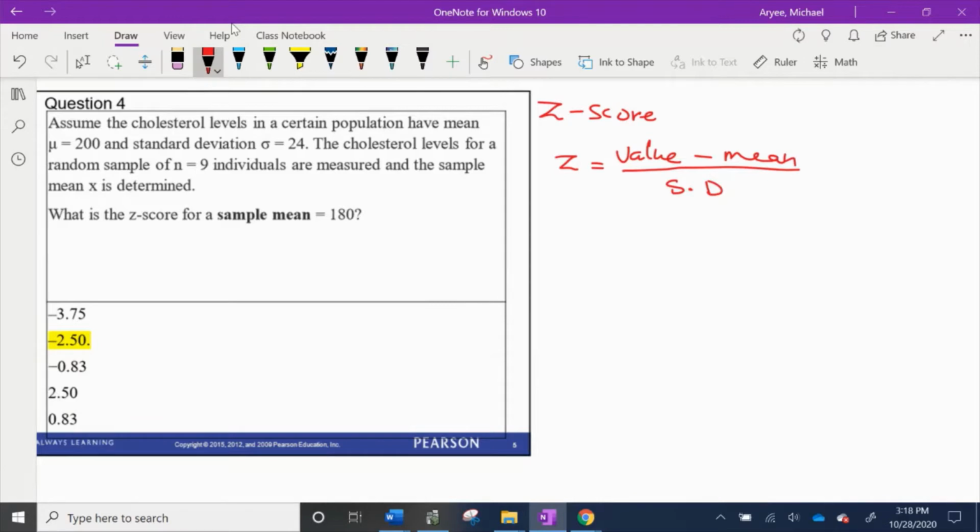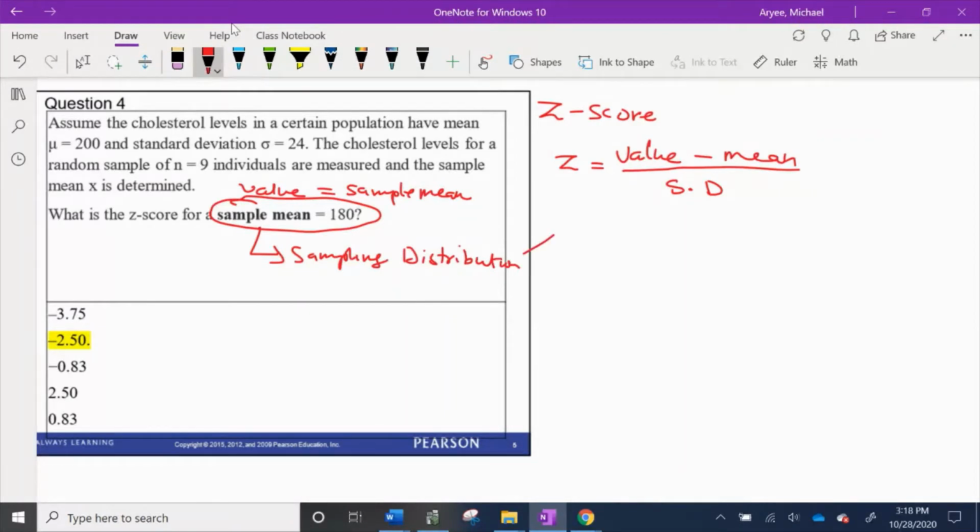However, this is a situation where the value is a sample mean, which means that this is a question about sampling distribution.